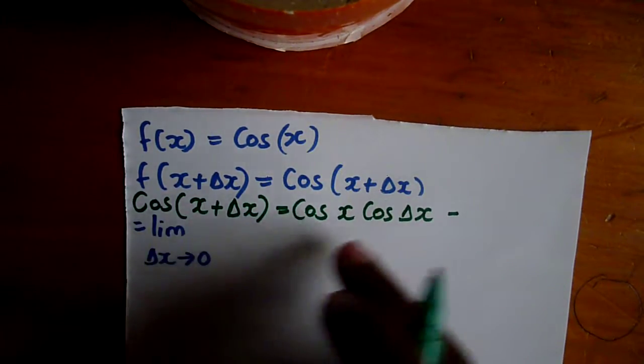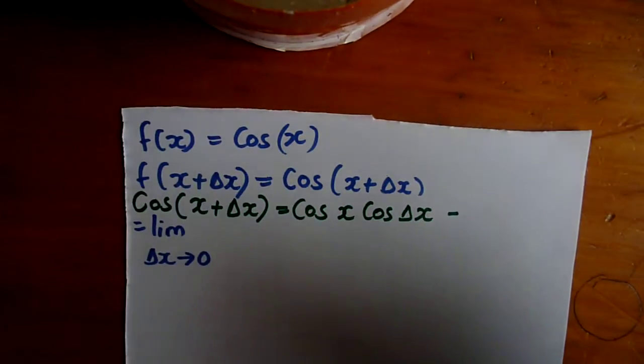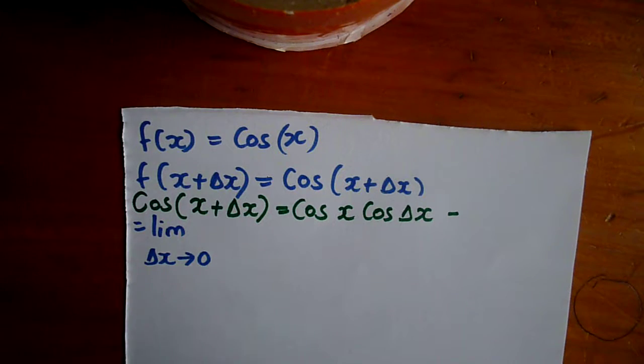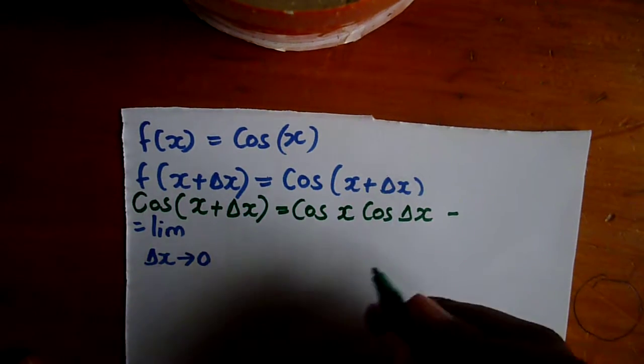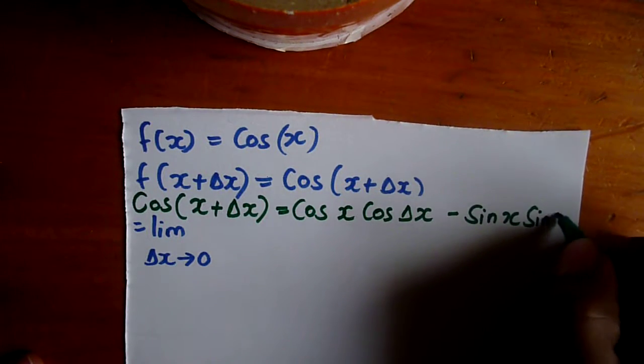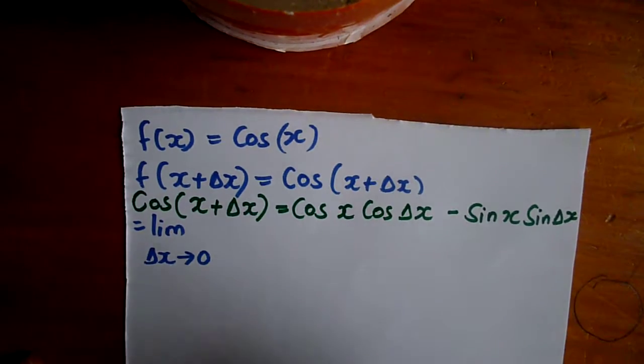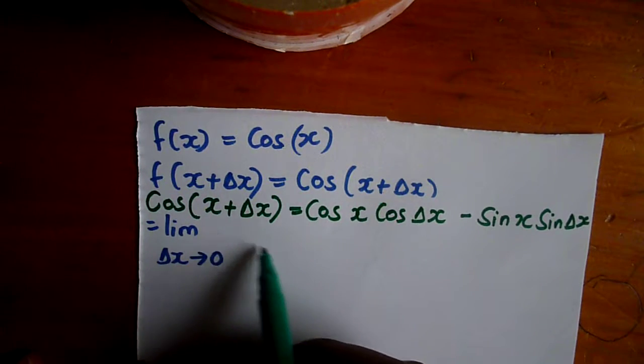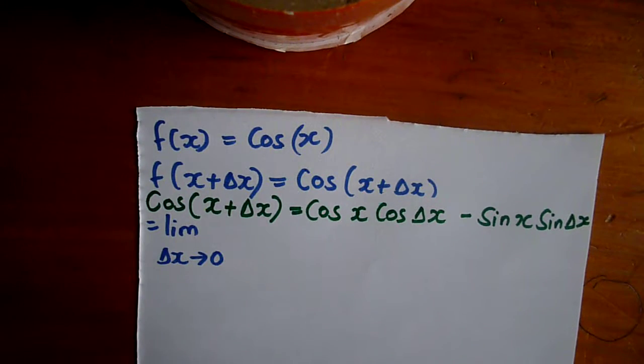This trigonometric identity is a bit different from how we write the sine x one. Please note that in my other video. So minus sine x sine change in x. So this is the one that we're going to replace the f of x plus change in x part with, okay?